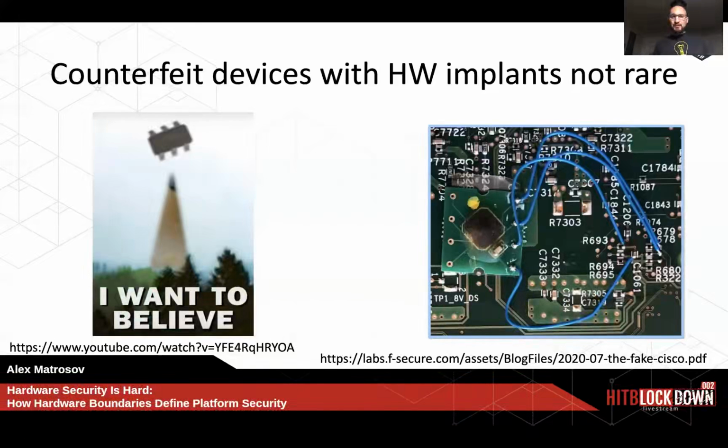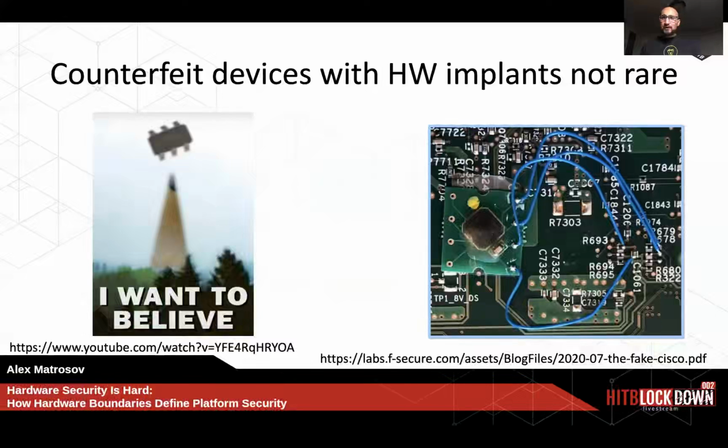Recently F-Secure found Cisco devices which had additional JTAG pins on the board, and it was possible to get full access over these pins to the Cisco router without having original credentials.